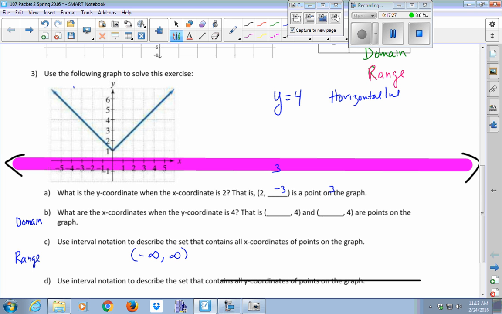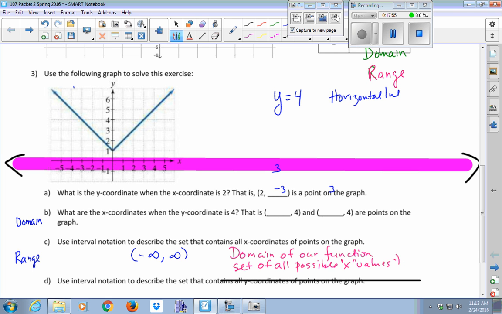And this is what we call the domain of our, and I'm going to use the word function, even though we haven't defined it yet. It's the set of all possible x values that makes sense here.